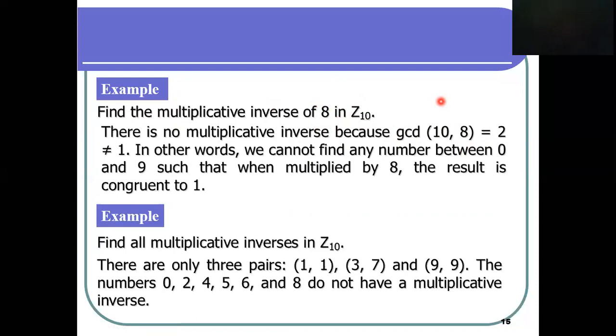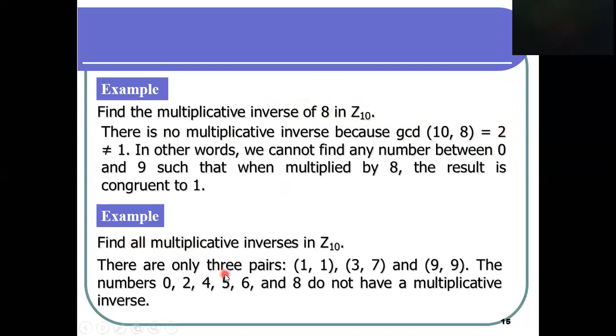If the GCD of a number, say 8, with modulo 10 is not 1, then the multiplicative inverse will never exist. So the GCD of 10, the modulo class, with 8, an element of Z10, is 2. In that case, this number has no multiplicative inverse.